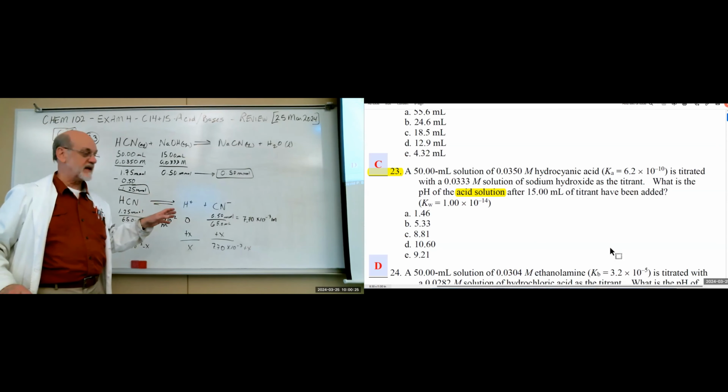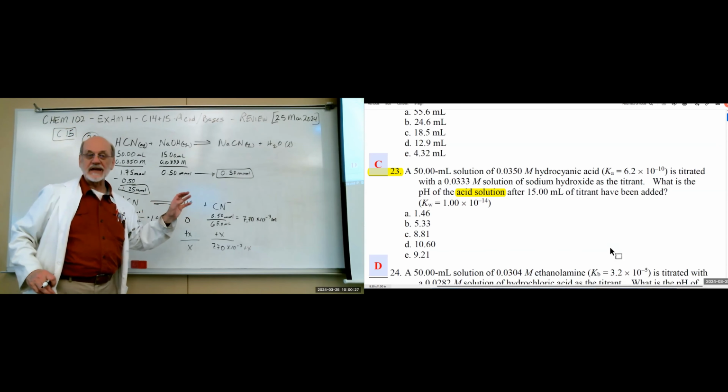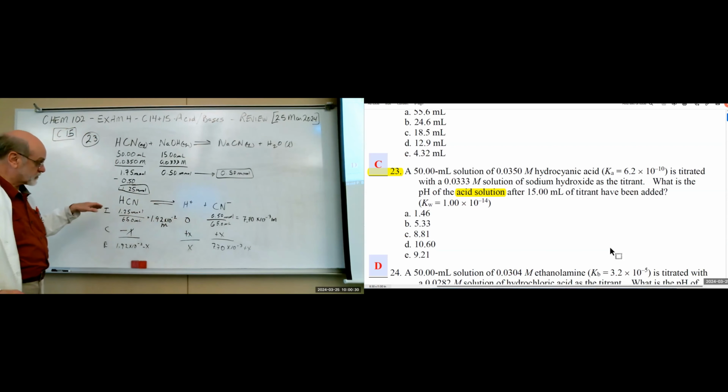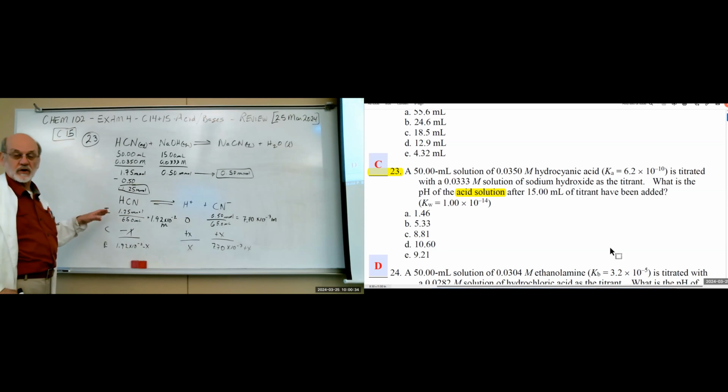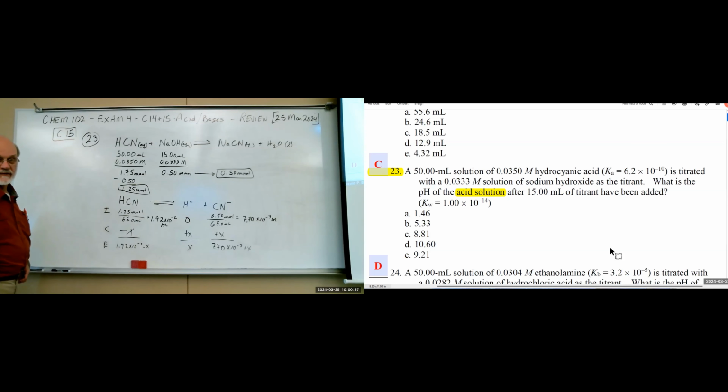Well, Ka is 10 to the minus 10, and Kw is 10 to the minus 14. So this controls the pH. Right? It's 4 orders of magnitude stronger. So water will have no impact on the pH.